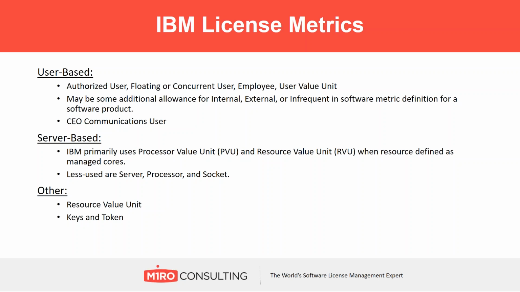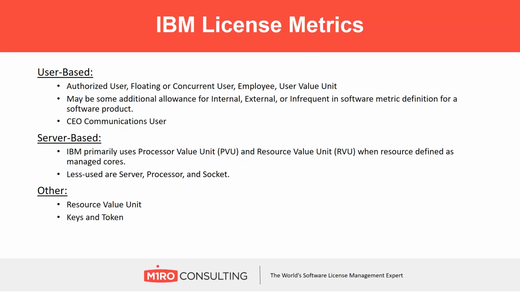IBM has a very IBM-centric metric for CEO communications, which is your complete enterprise option, where you get Domino or Lotus at a reduced bundle rate. You're therefore obliged to license all employees in your company who've been assigned a computer capable of running the software.